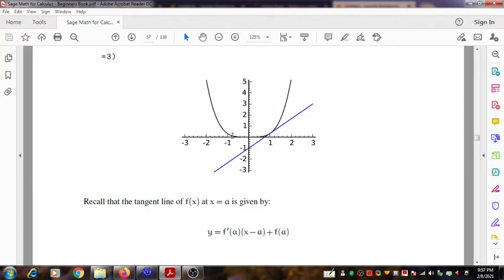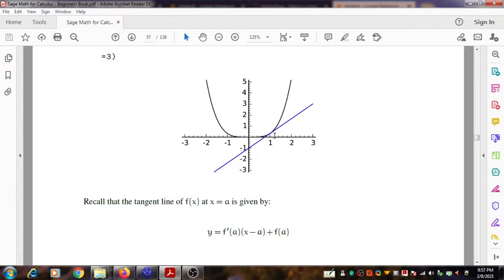So if f(x) is the equation of the given curve, and x equal to a is the point here, this is the general situation, and we are explaining it in a general way. When you extend this point, you can see that it touches the point of intersection of the curve and the straight line.